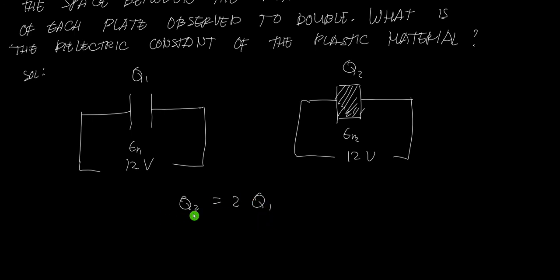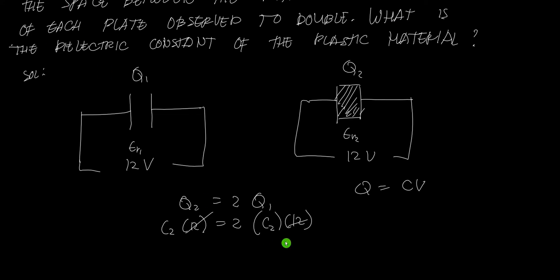If you remember the formula, Q is just equal to C times V, because C is equal to Q over V. So here, this is Q2, so this will be C2 times V. What's the voltage at 2? It's 12 volts. For Q1, we have C1 times also 12 volts. So we can cancel the same voltage.